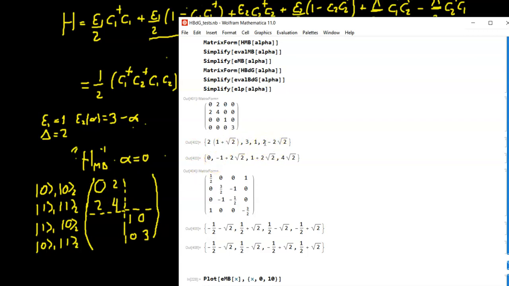The lowest level here is this one. This is 0.85 or something.